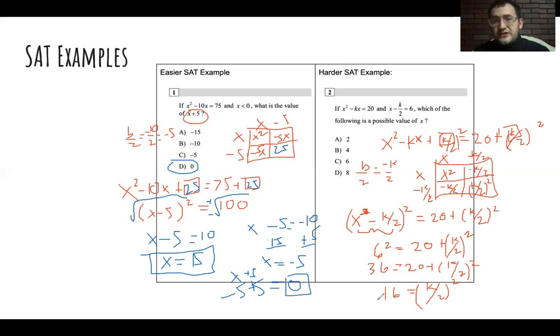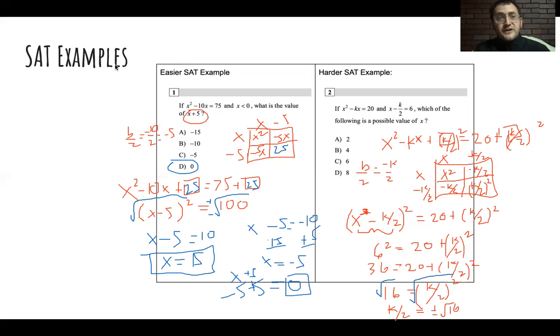When I do this, I'm going to take the square root. So I'm going to have k over 2 equals plus or minus the square root of 16, which is 4. I'm just going to show that square rooting process as well.